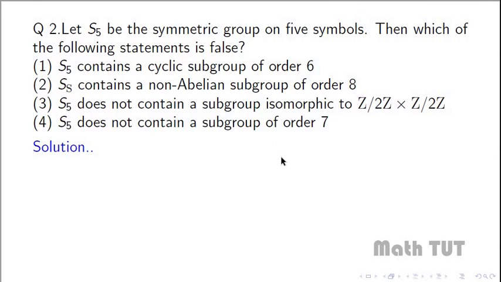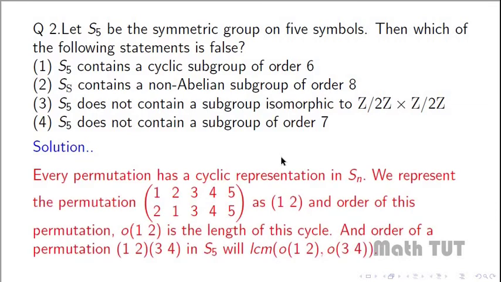Before going to this problem, I would like to give you a small revision of what you have already studied, just 2-3 ideas. If you take Sn, every permutation in Sn we can represent in cyclic form.